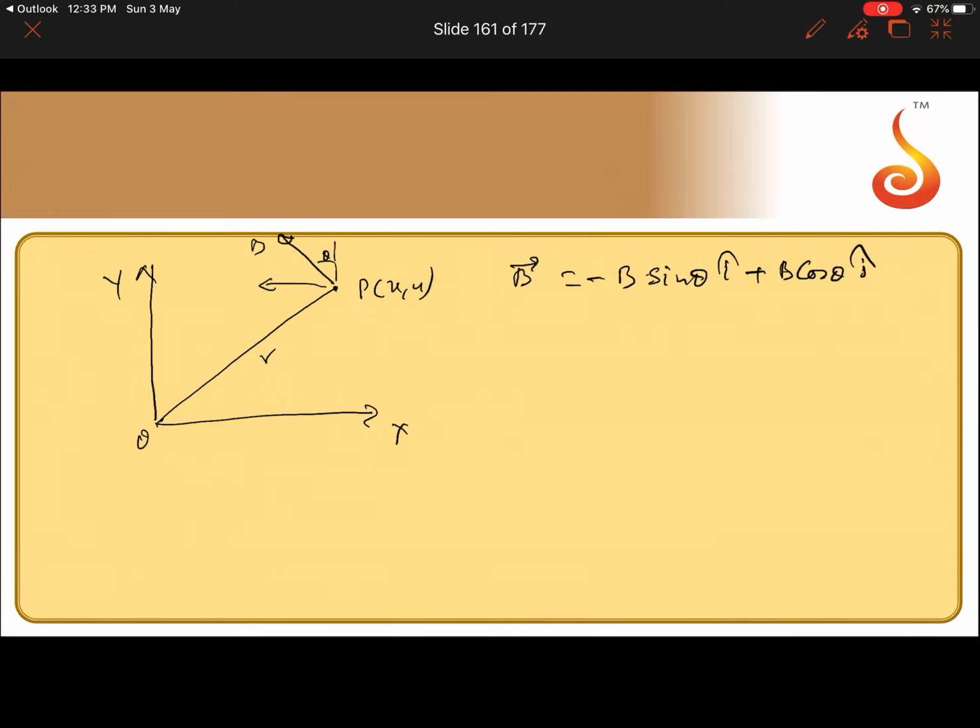And B is given as K by R, that is K under root x square plus y square.